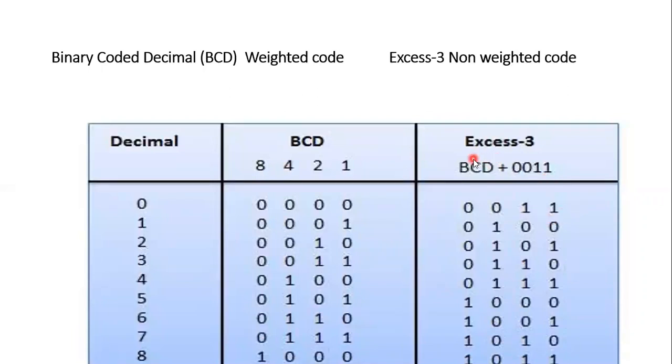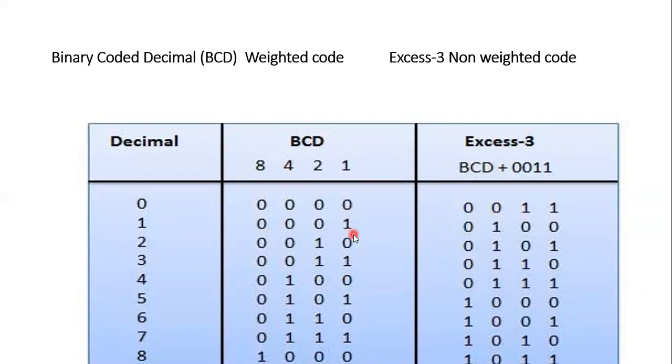Then another one is a non-weighted code. It is the XS3. The XS3 code is represented by adding 3 to the binary number. So the BCD or binary is 0000. Then we have to add 3. 0 plus 3 is 3. Therefore, 3 is 0011.